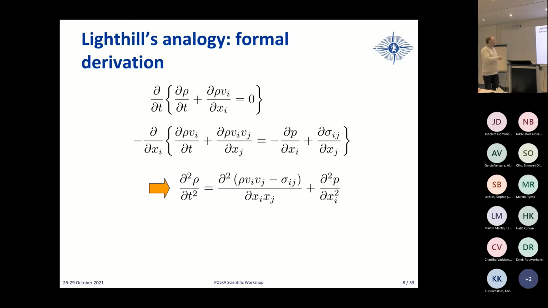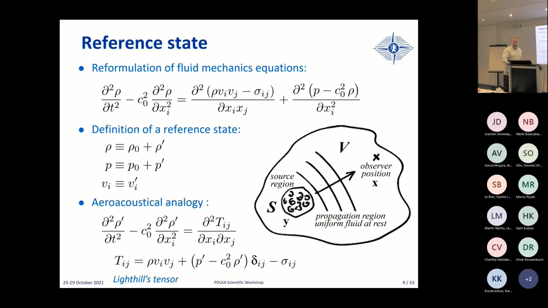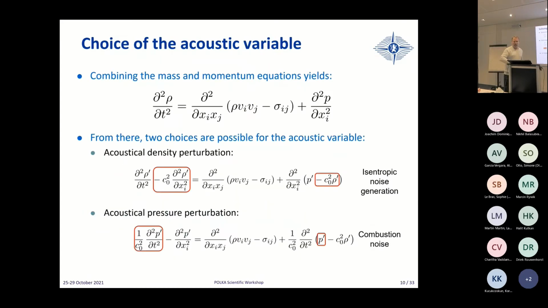And then we decided to form a propagation operator for the density. That's fine, perfectly fine, but it's not the only choice that can be made. So we were there, and we decided to complement the left-hand side for density, and then we ended up with this equation. Now, a perfectly valid choice might have been different.